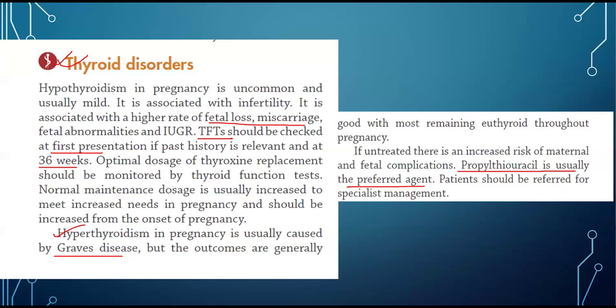But carbimazole is contraindicated in first trimester. And first trimester means up to 12 weeks of pregnancy. So during that first trimester, you would use propylthiouracil because that is not contraindicated. Once the patient passes the first trimester, then you will change this propylthiouracil to carbimazole again. Okay, so that's the management for hyperthyroidism during pregnancy.